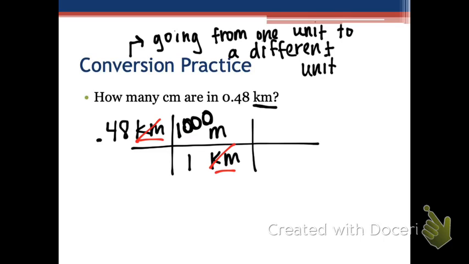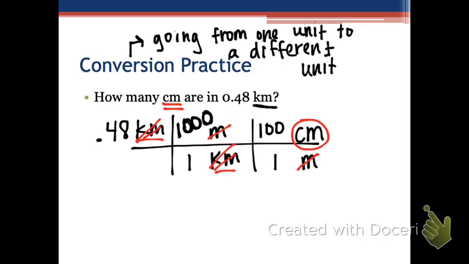So now I'm not quite done yet because I don't want to stop in meters. I want to go from meters to centimeters. In 1 meter, how many centimeters are there? 100. Good. And so now if I look at my units, I've canceled meters, I've canceled kilometers, and I'm left with centimeters, which is exactly what I want.